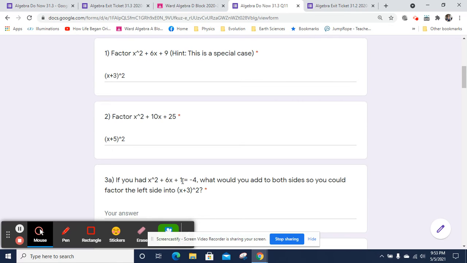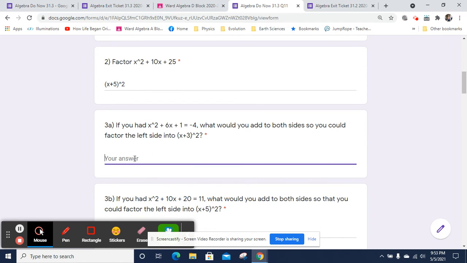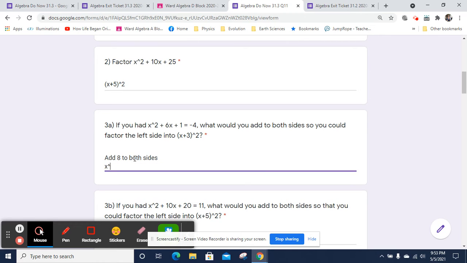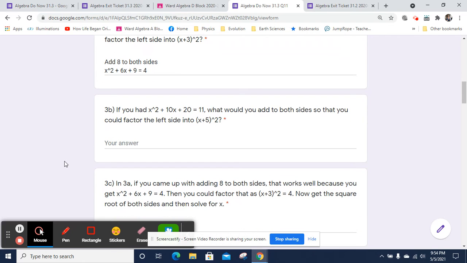So we need to add something that would take that 1 and turn it into a 9, and we have to do it to both sides. So we would add 8 to both sides, and then we'd end up with x squared plus 6x plus 9 equals, well, 8 plus negative 4 is positive 4. Okay, we'll come back to that in a second.